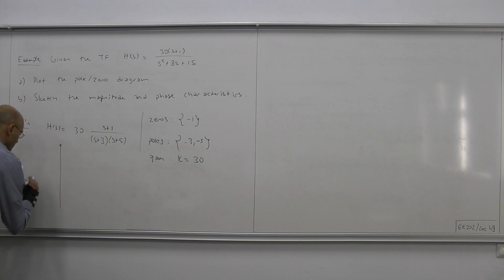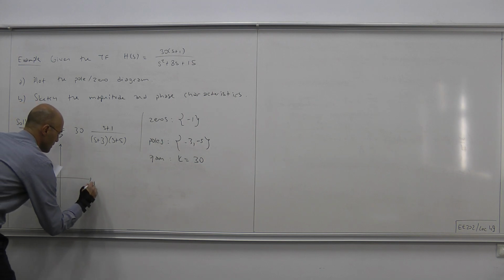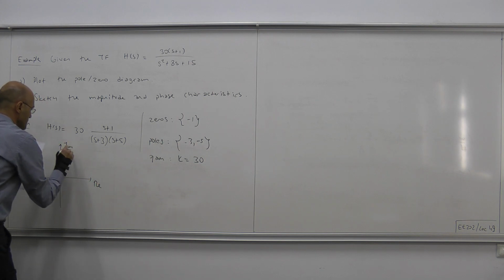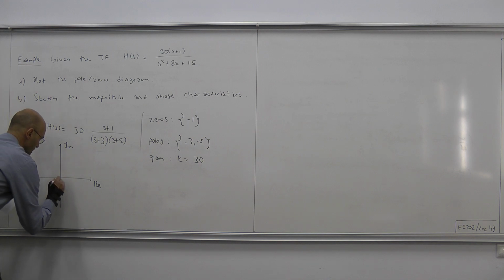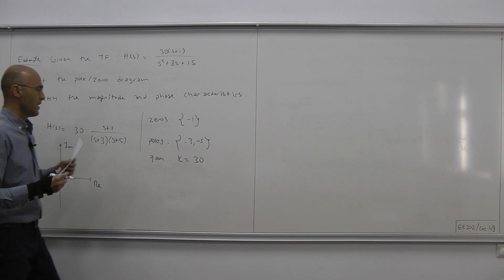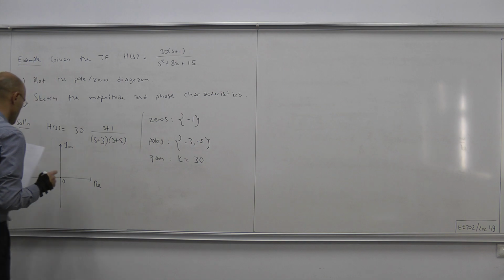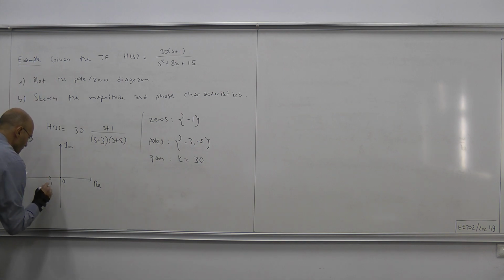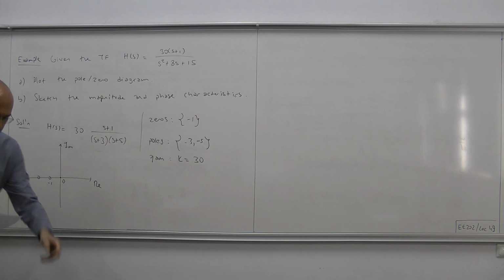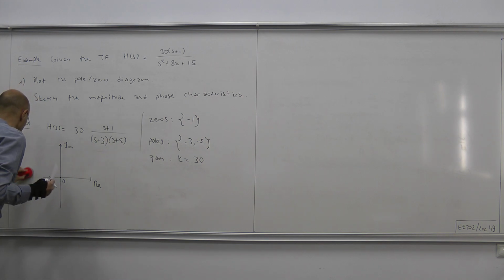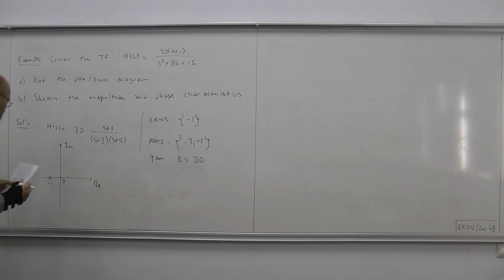The pole zero diagram, therefore, is: this is the real axis, this is the imaginary axis, the origin. Okay, so we have a zero at -1.